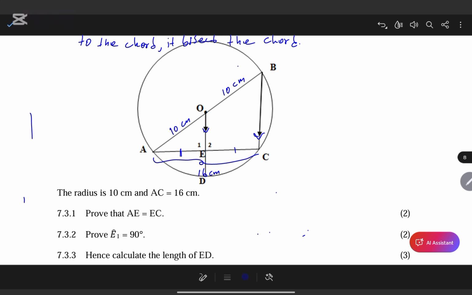Secondly, the converse of that theorem says a line drawn from the center perpendicular to the chord bisects the chord. Now this line is not perpendicular. Instead, it is parallel to the other side. Now what theorems have you learned that talk about a line being parallel to another side in a triangle?